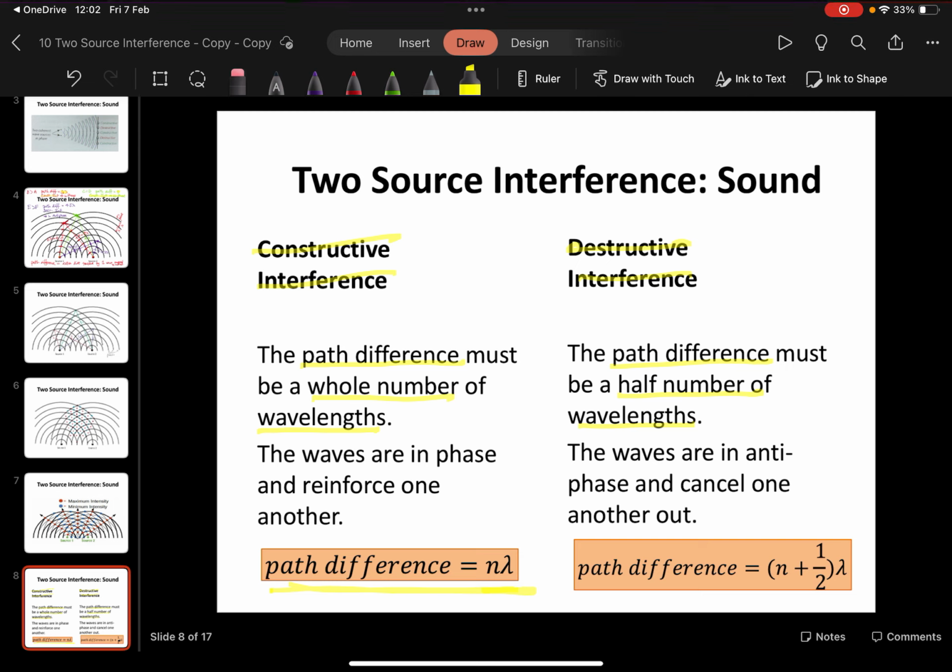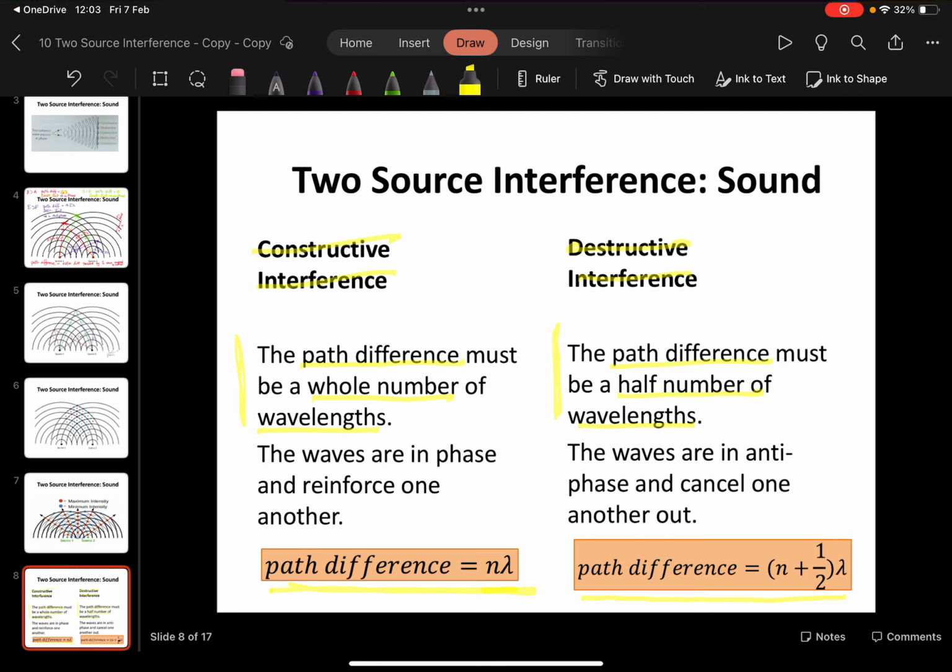So the way that we would summarize that is a path difference needs to be n and a half. We've got to add on that half bit of wavelengths different. Okay, so that is your argument in terms of path difference.